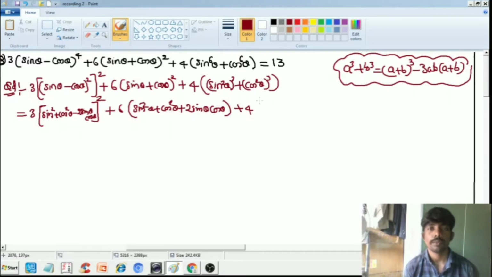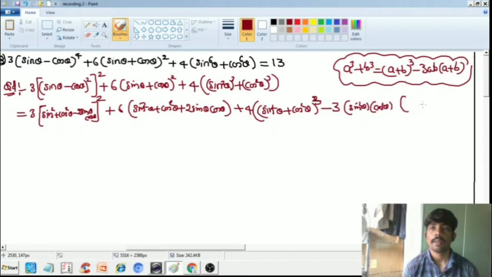Okay. Now a cube plus b cube, so a plus b whole cube minus 3, a is what? Sin square theta, b is cos square theta, a plus b, sin square theta plus cos square theta.